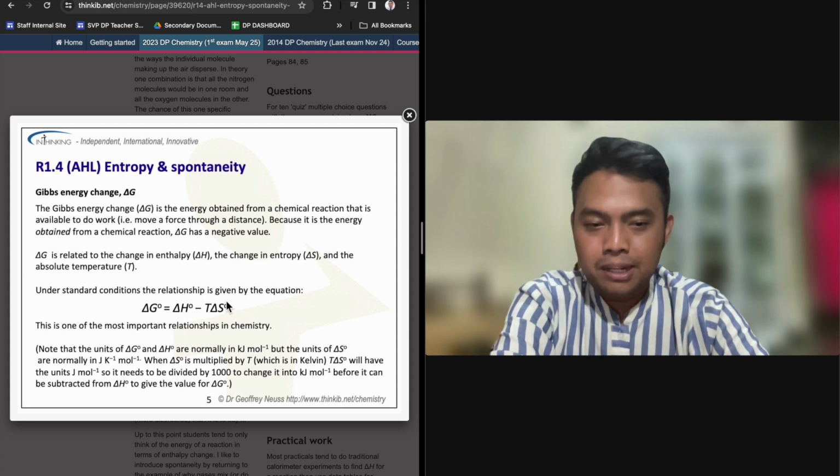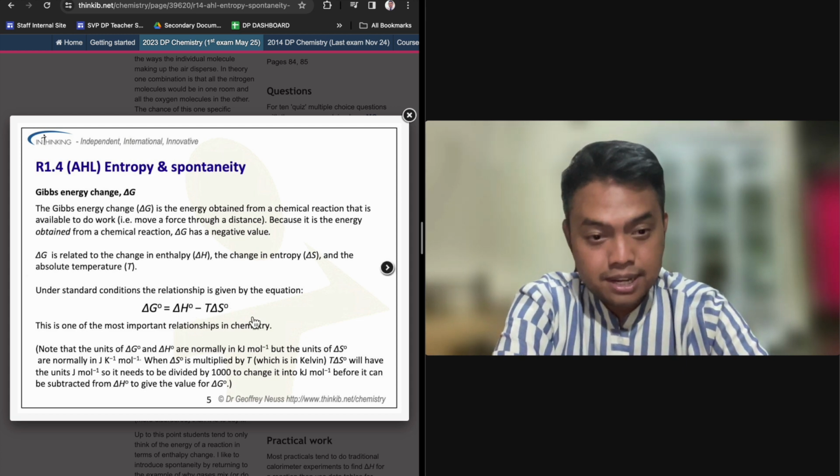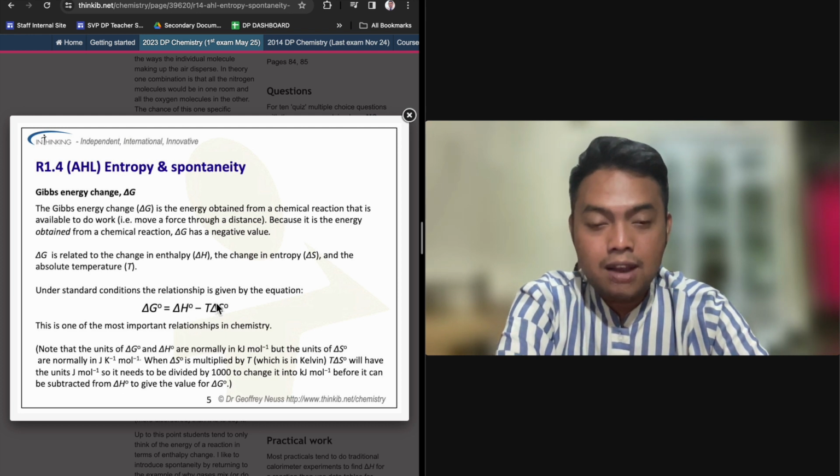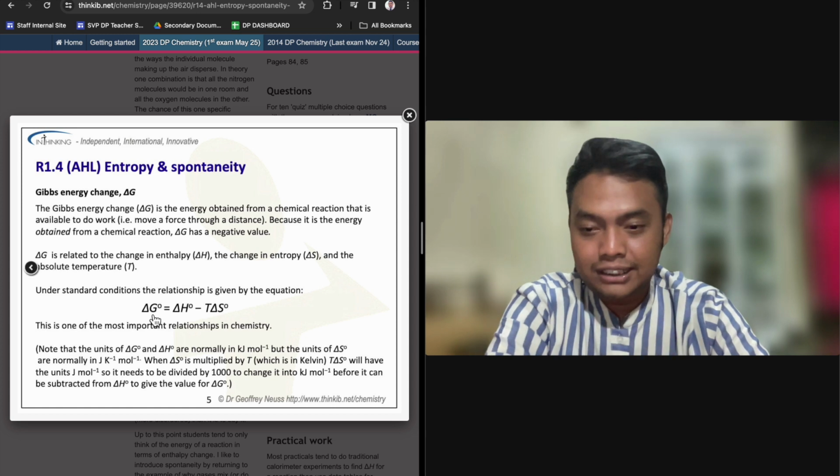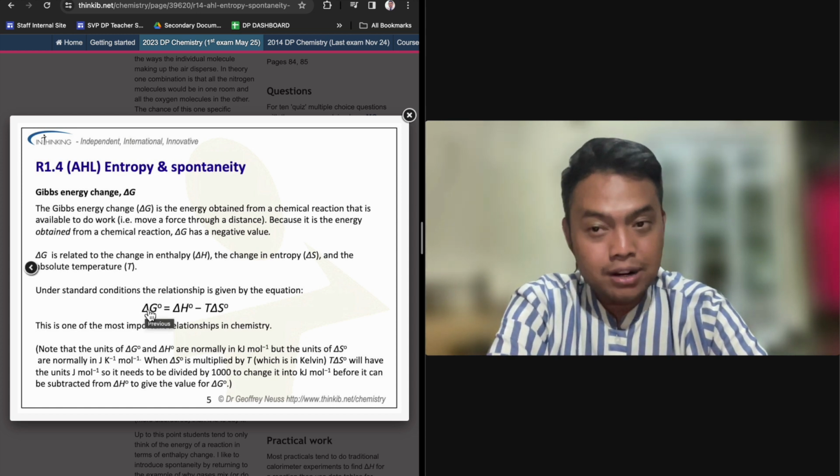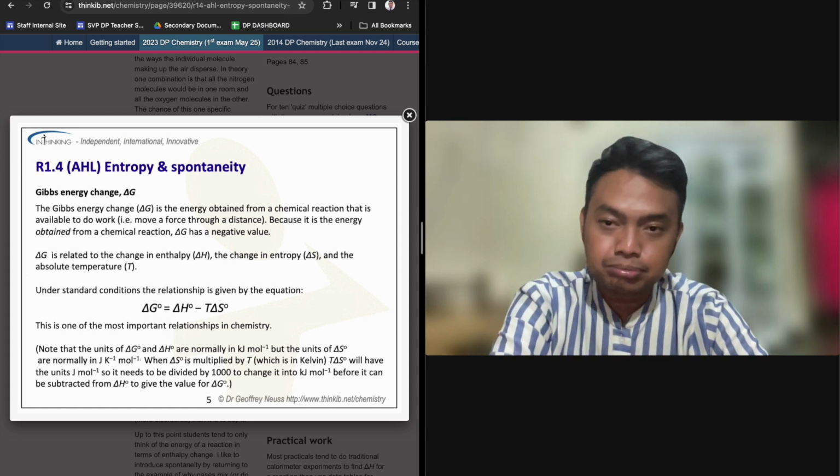The second phenomenon, the diffusion of gas, will be about entropy. And then the cherry bomb will be about temperature. How these three things affect spontaneity of a reaction. These three different things will be able to tell us whether the reaction is spontaneous or not. It will happen or not, naturally.